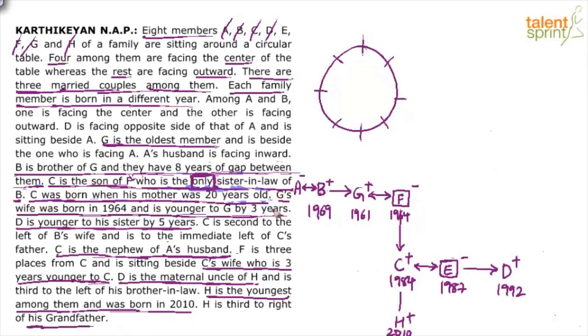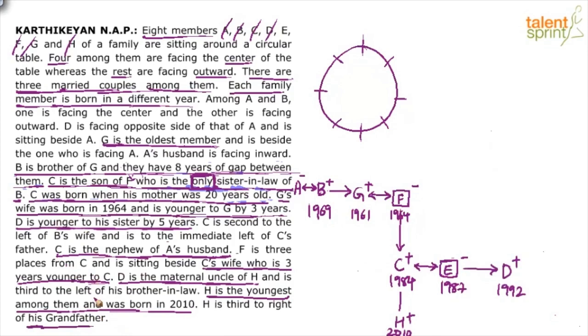G's wife was born in 1964. D is younger to his sister by 5 years. C second to the left of B's wife. C's wife is 3 years younger to C. No, I think A's age is not given. Is it given anywhere? Not really. Okay, we'll not worry about A's age.